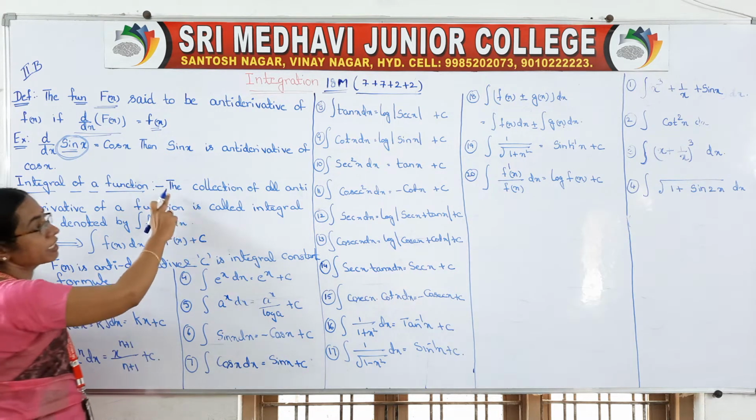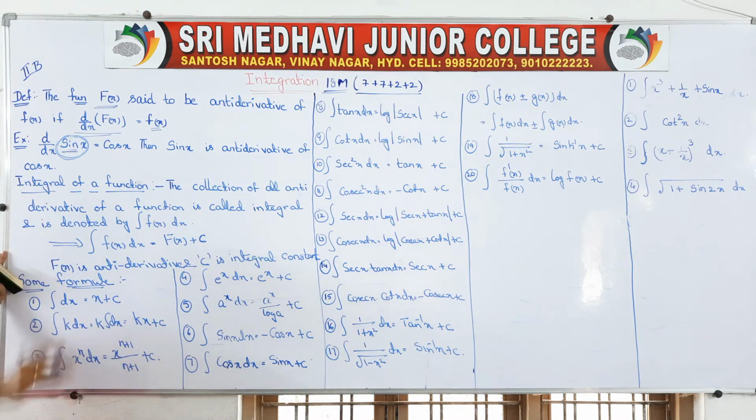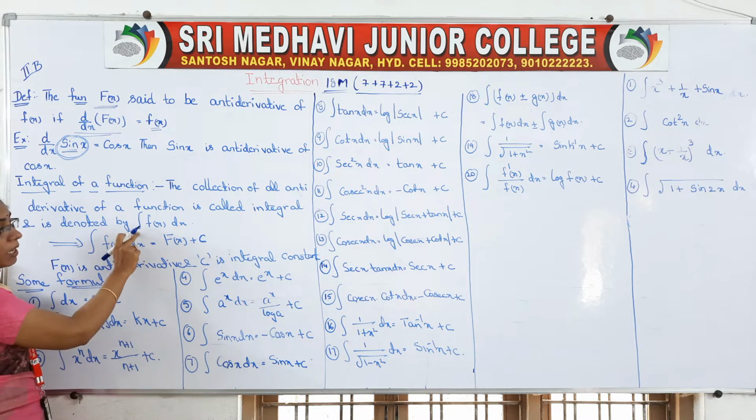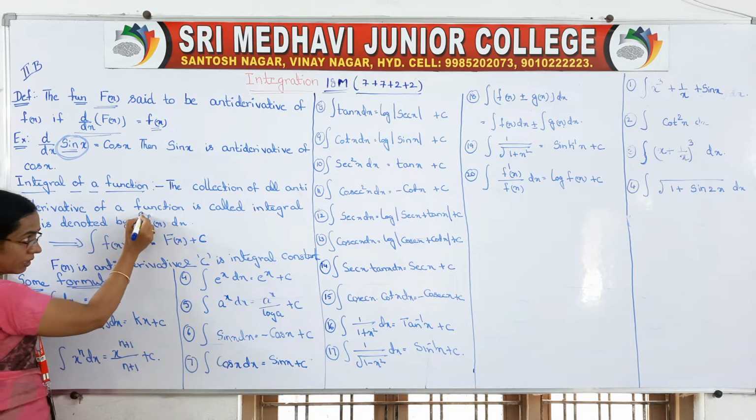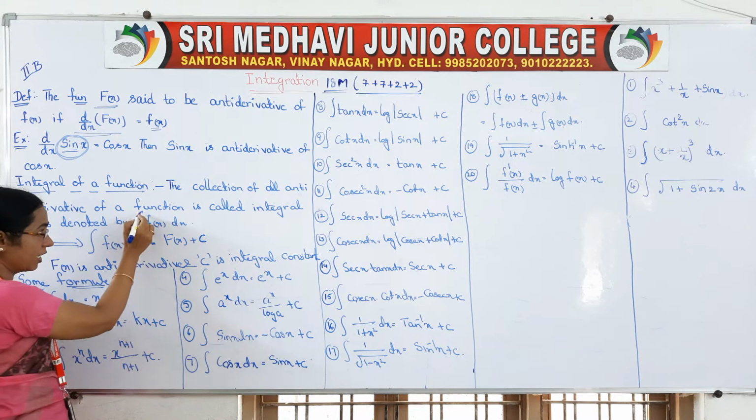If we take a collection of all antiderivatives of a function, then it is called the integral of that function and it is denoted like this. It is a symbol for integration. In differentiation we write d by dx for each and every problem. Here we will write this symbol.